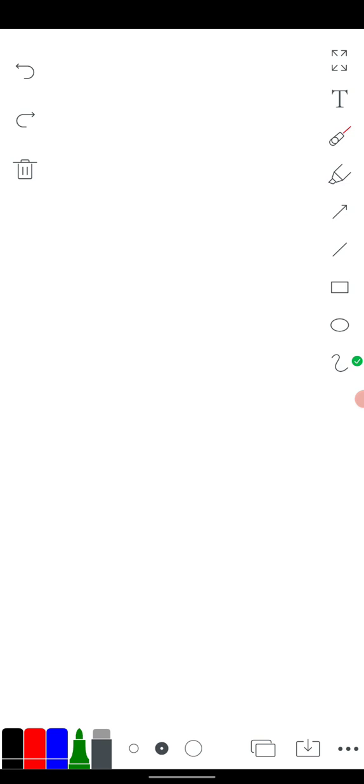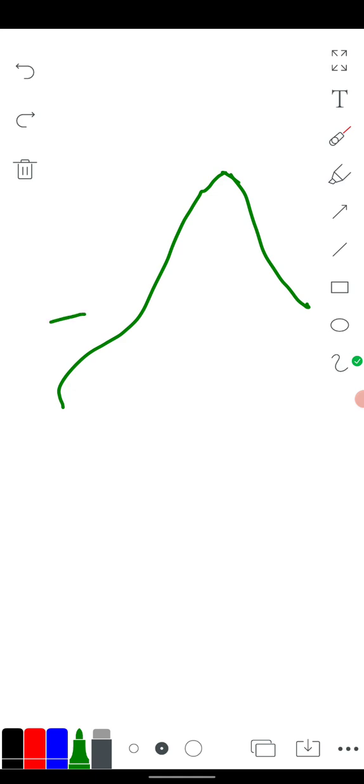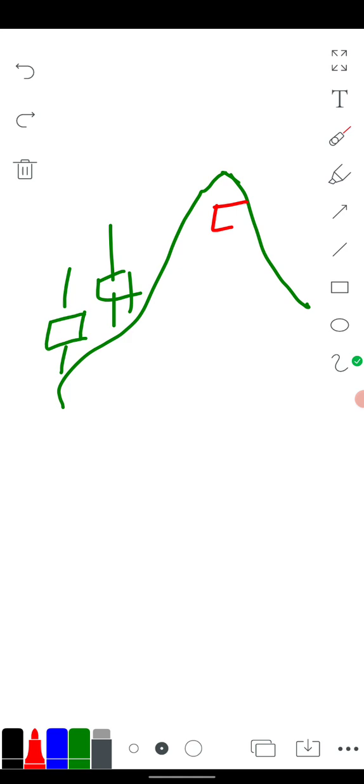Let me make it more simple, like this, right? The line. Okay, this is double cross EMA, and we'll take a buy position if the line is below the candle. We'll take a buy position, and we'll take a sell position if it is going down. This is double cross EMA.